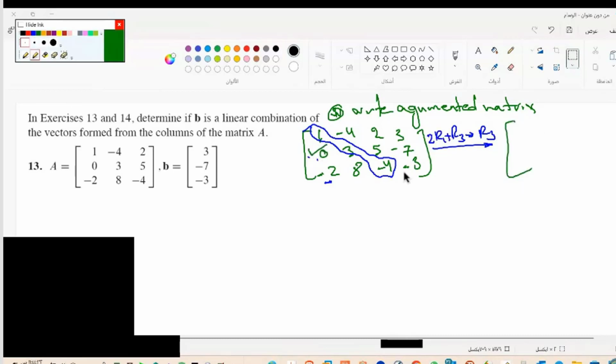This is ready, so it's 1, minus 4, 2, 3, 0, 3, 5, minus 7, 2. 2 with 2 here is 0, 2 with minus 4 it is minus 8, 2 with 2 it's 4, 2 with 3 it's 6, 6 with minus 3 it's 3.